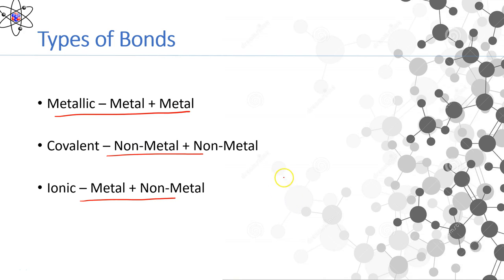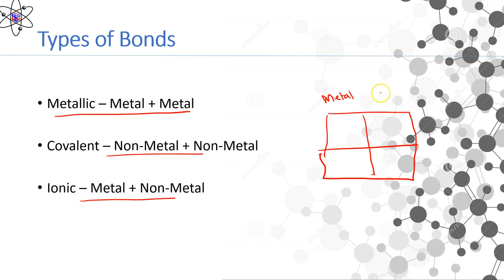One way I find to remember this is using sort of like a Punnett square that we see in genetics. Okay, but this time what we're combining is our two options, a metal or a non-metal element.